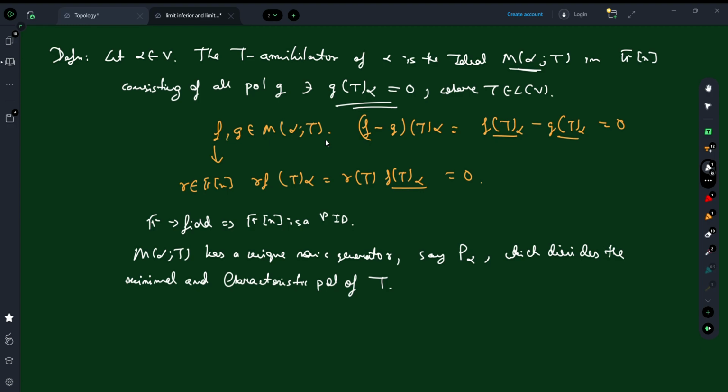Since V is finite dimensional, the minimal and characteristic polynomials are of finite degree, which implies p_alpha is also of finite degree.